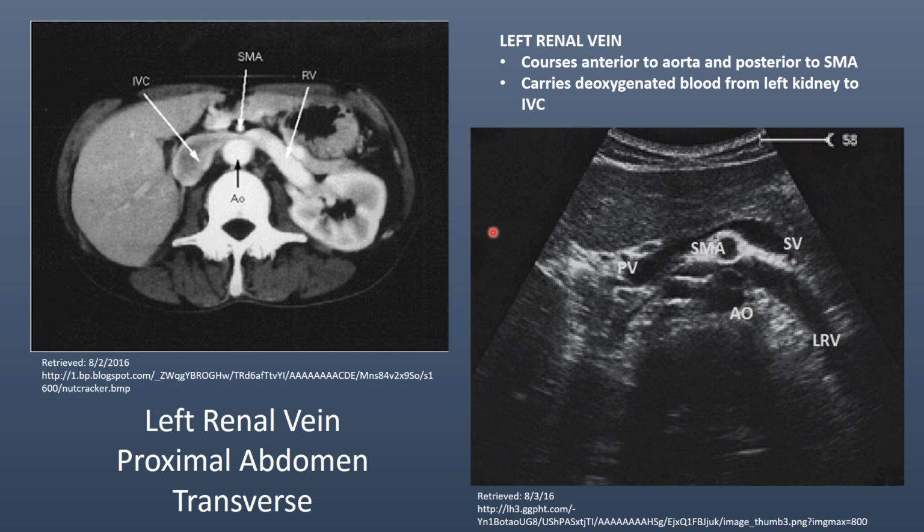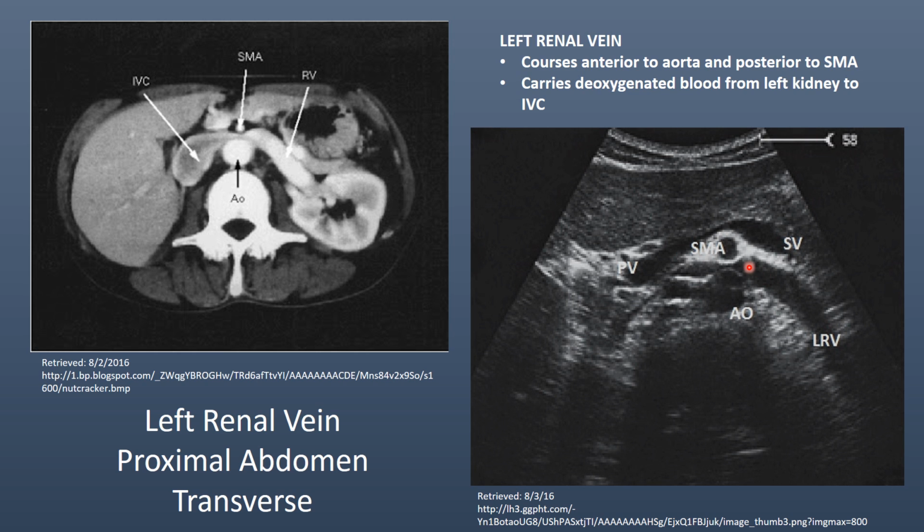I'm going to look at the ultrasound image. We have liver here. This is liver, all this. This is the vertebral body with the shadow behind it. And here's the left renal vein coming from the kidney. You can't really see the kidney here, but it's coming from the kidney on the left side.